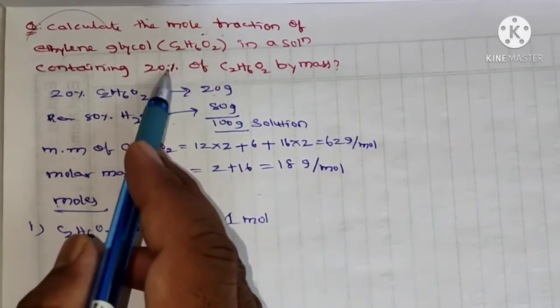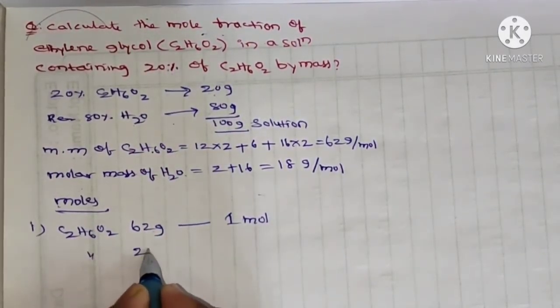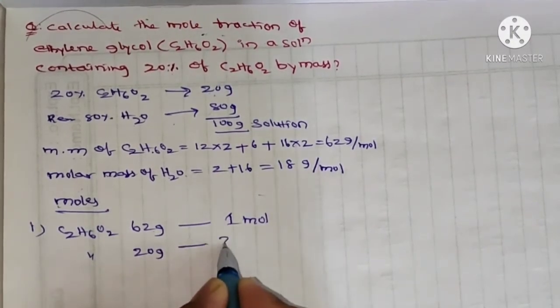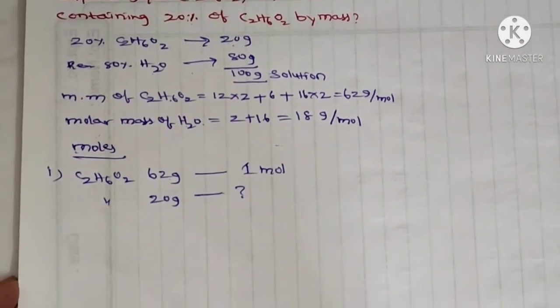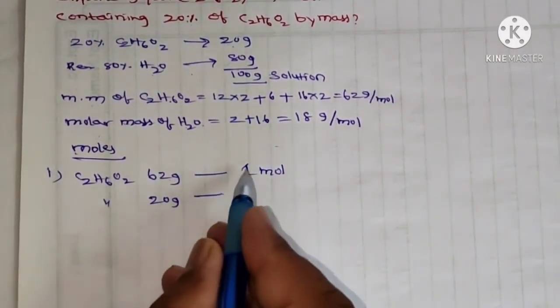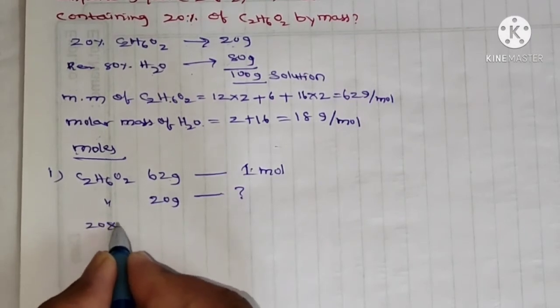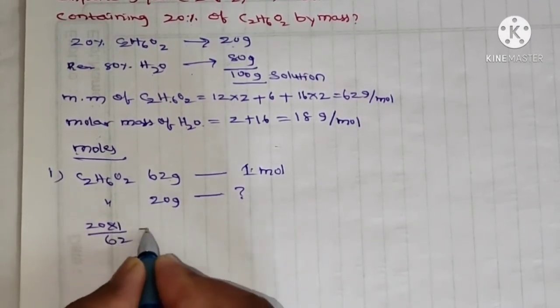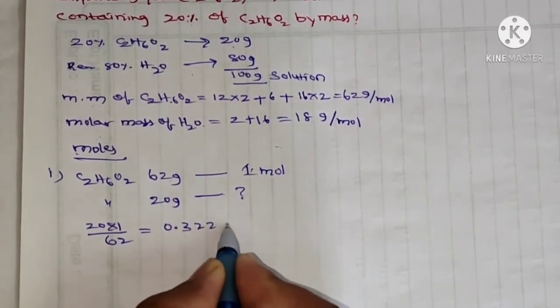They taken 20%, means 20 grams. So 20 grams of ethylene glycol is equal to how many moles? Cross multiplication: 20 into 1 divided by 62 is equal to 0.322 moles.